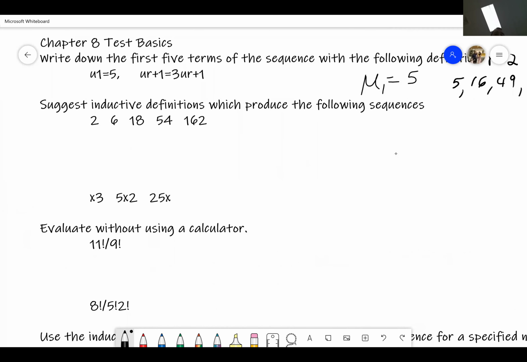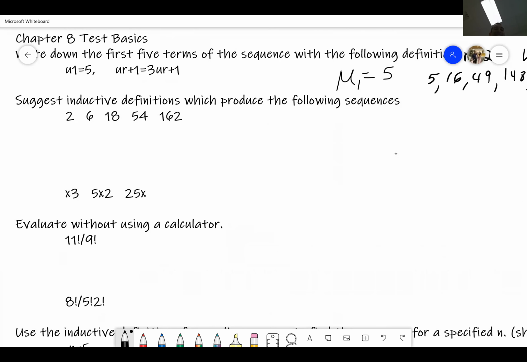So now the next two are not fun, because it says suggest an inductive definition which produces the following sequences. So u of 1, the first term, is 2.